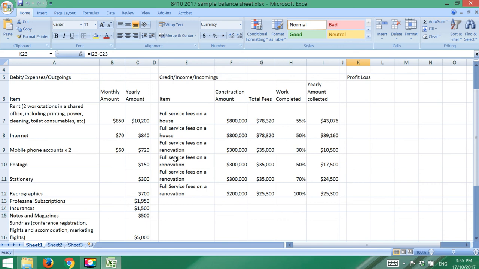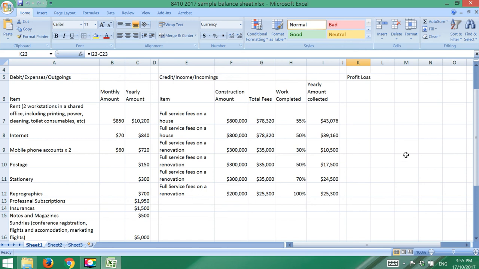Similarly, you see here, I've got a couple of renovations, and some you're able to work through faster than others. For small ones, you may be able to get the whole thing done in 1 year quite easily.